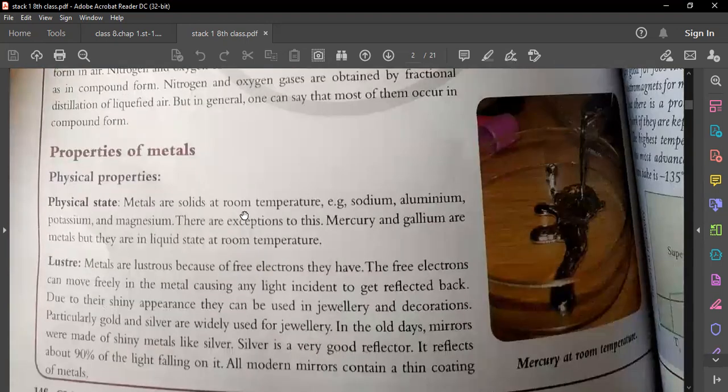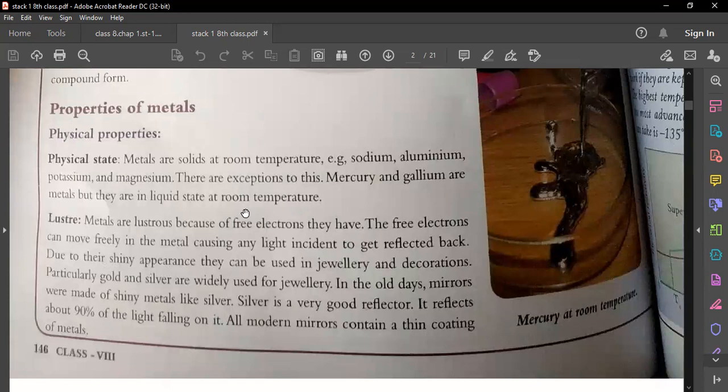Then we'll discuss the physical properties of metals. What are the physical properties of metals? The first one is the physical state. What is the meaning of state? Solid, liquid, or gaseous state. Very good. All the metals are in the solid state only, except mercury.